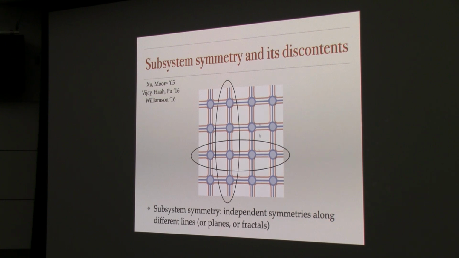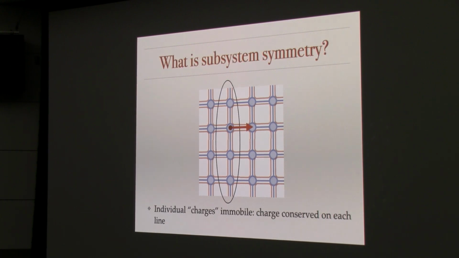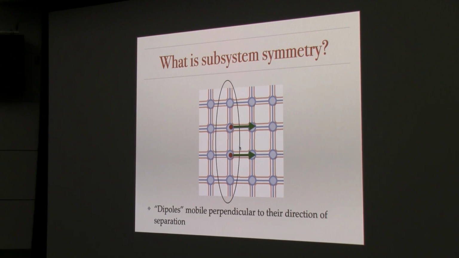And the basic idea is that rather than having a symmetry that acts on a conservation law for the system as a whole, I'm going to have individual conservation laws on different lines. Okay. Now, what is the relationship between this and dipole conservation? Well, one obvious consequence is if the charge is conserved on each line, that particles cannot be individually mobile, right? But of course, if I take a particle and its antiparticle partner, these guys can move. Okay, so dipoles are mobile, but only perpendicular to their dipole moment.